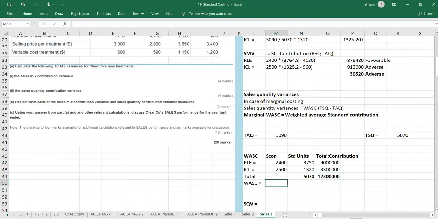So when we divide both, 1 2 3 1 2 1 2 1 by 5 0 7 0, we'll get the answer. So let's get the answer.